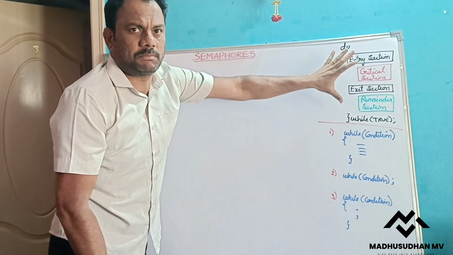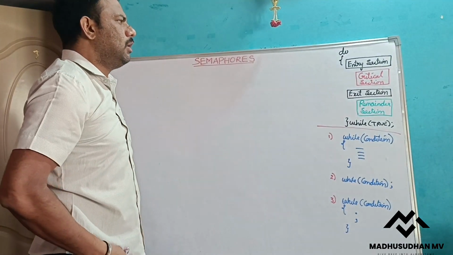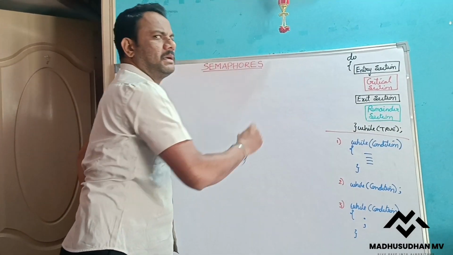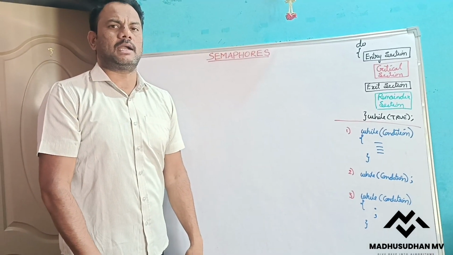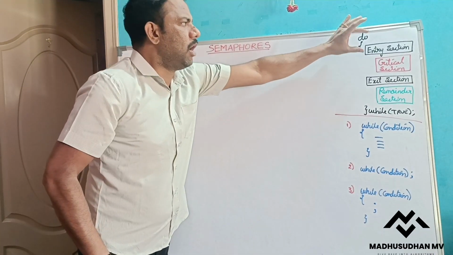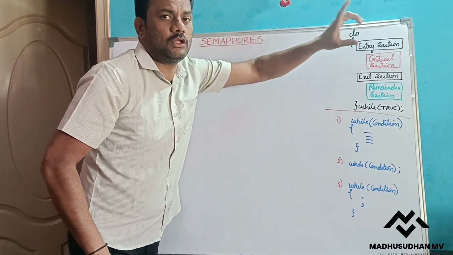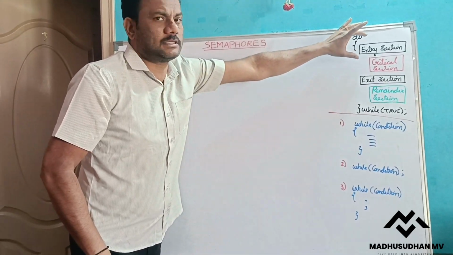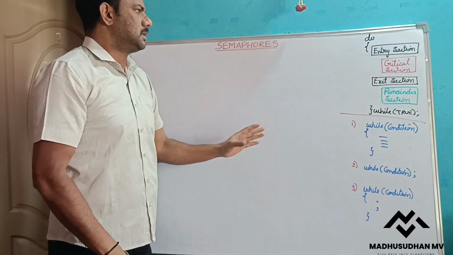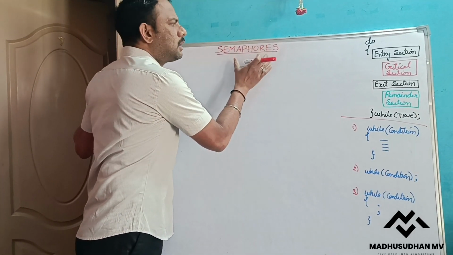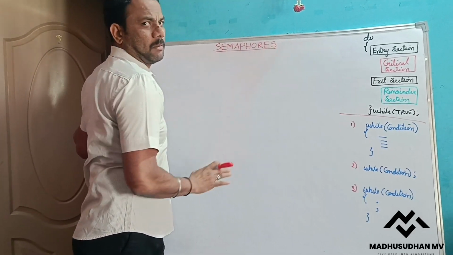We discussed this in the previous videos. We know how the entry section is implemented in Peterson's solution using two variables, flag and turn, and how to implement it using a lock in the case of test-and-set and swap. Now we will discuss how semaphores are used to solve this problem.